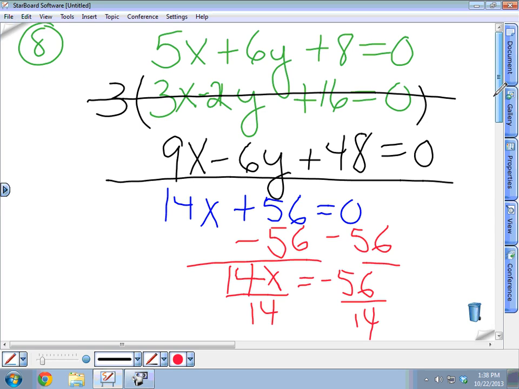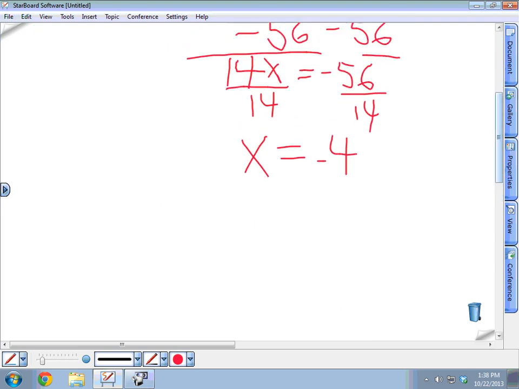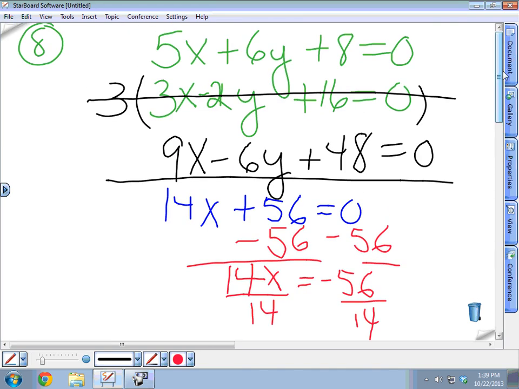Good. So if x is 4... Negative 4. Was it a negative 56? Yes. I'm sorry, I didn't see the negative there. Negative 4. Okay. And so if x in fact is negative 4, then what is y? Well, 5 times negative 4 is negative 20, plus 6y plus 8 is 0.